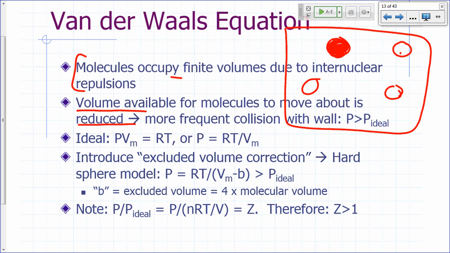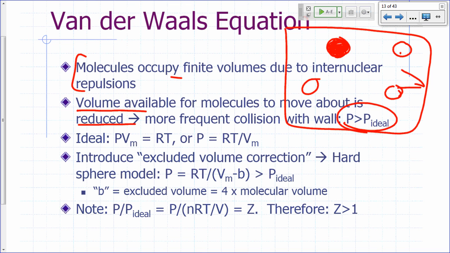And so if the volume available for molecules to move about is significantly reduced, then the molecules will collide more frequently with the walls. And what does more frequent collision with the walls mean? Higher pressure. So you would expect your pressure to be higher than ideal.